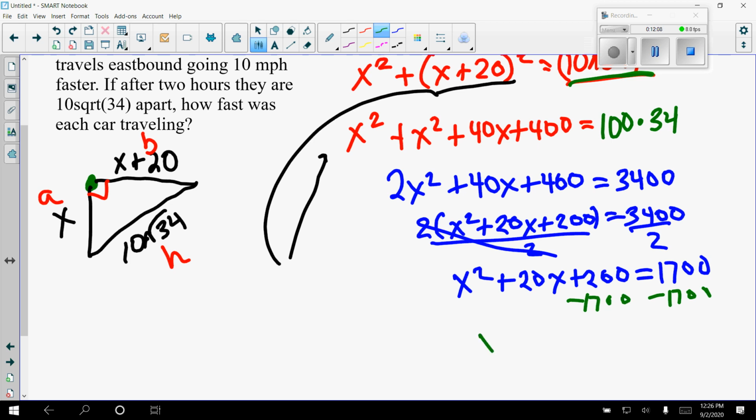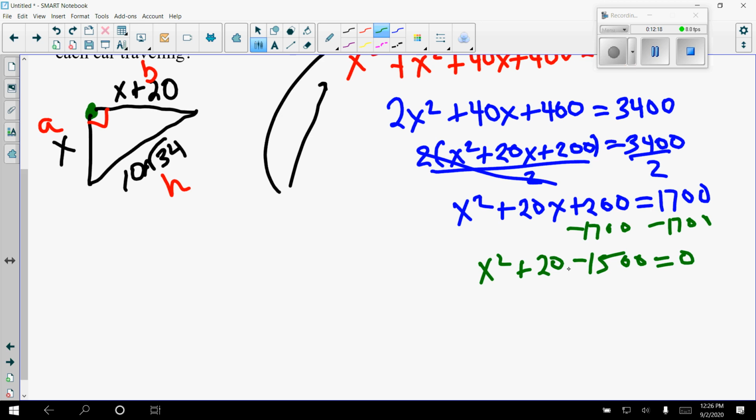And if I've lost you now, that's okay. Hopefully you got this set up. Now what I want to do is work to factor this. And when I factor, I want two numbers that multiply to get this and add to get this. And I actually should have an x beside it. Okay. So those two numbers happen to be, let's see, 1,500.